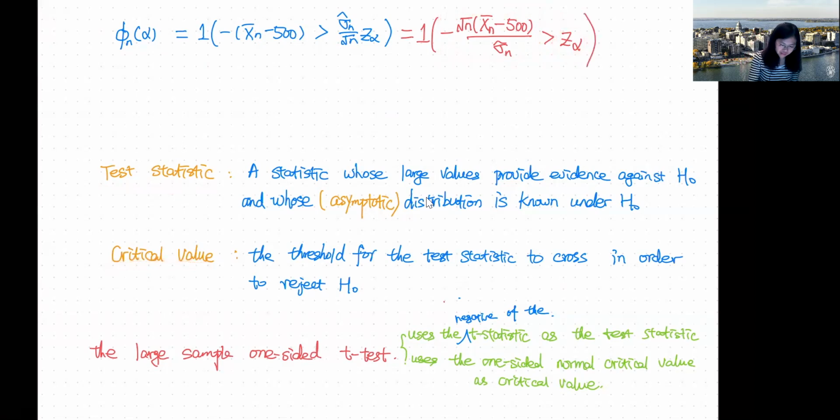So that is the test statistic. It is random. It is a function of the data. And this Z alpha is the critical value.